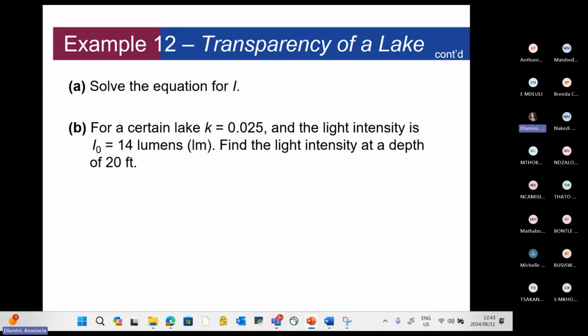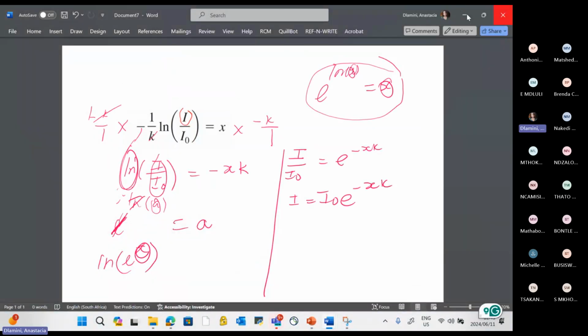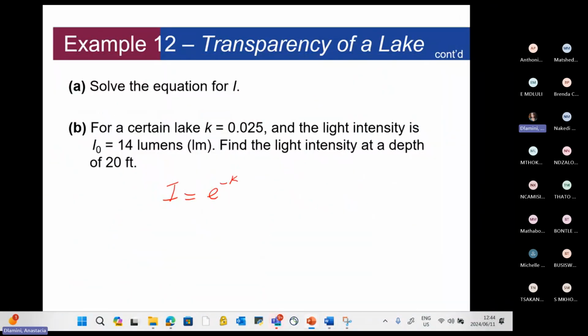So we got that I is equal to I0 e to the minus xk.